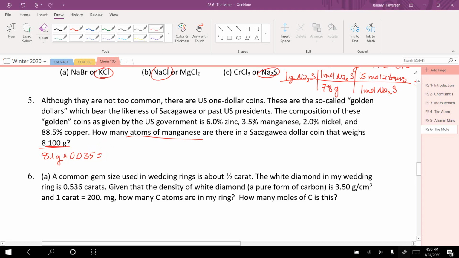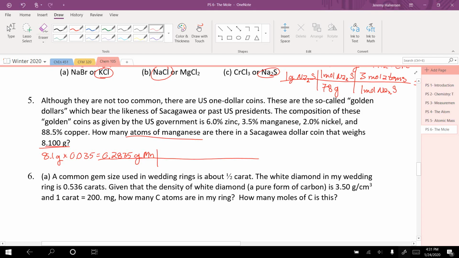So if I multiply those together, I get 0.2835 grams magnesium. So now I can just start with that number, and now we're going to try and get that to atoms. Did I say magnesium? Sorry, I should have been saying manganese. We're now going to try and get that number into atoms.